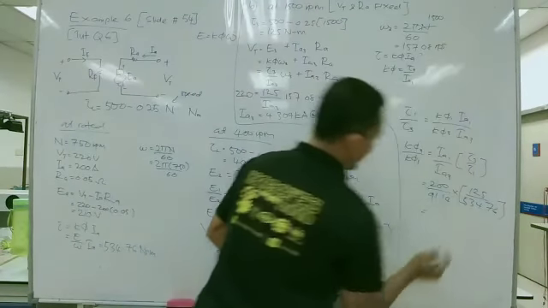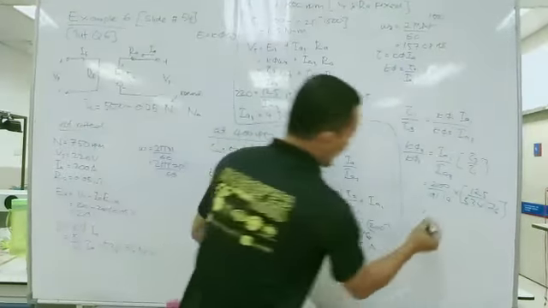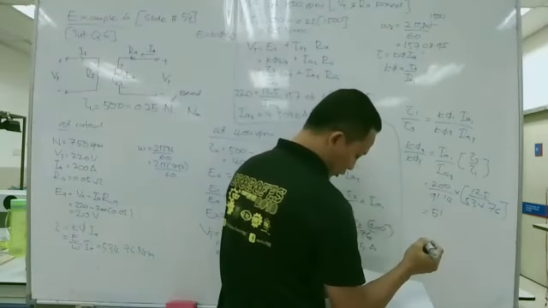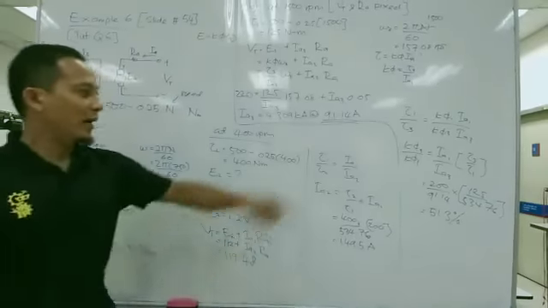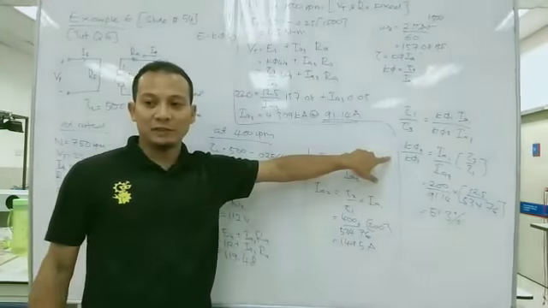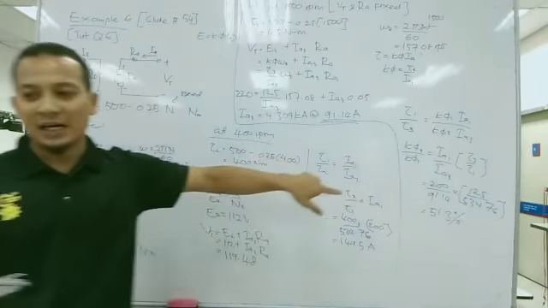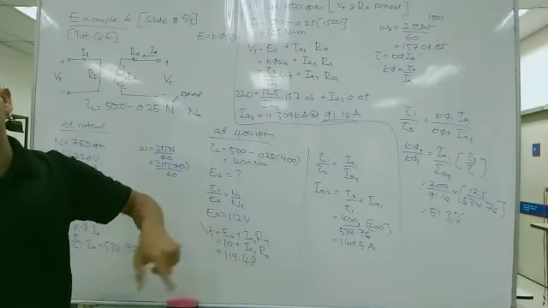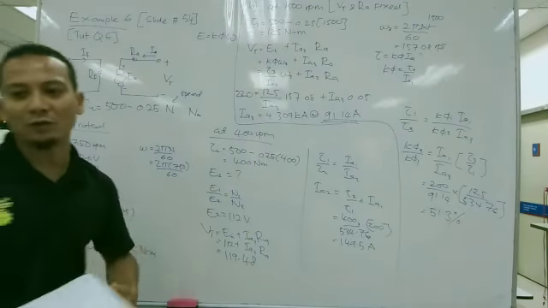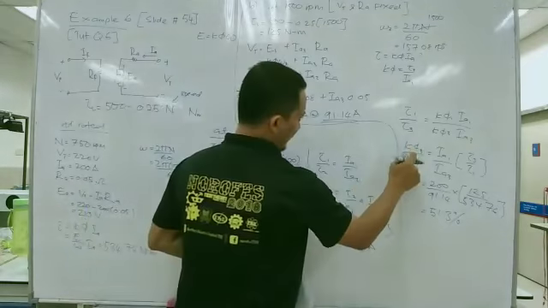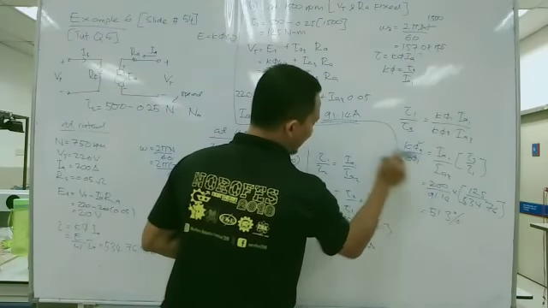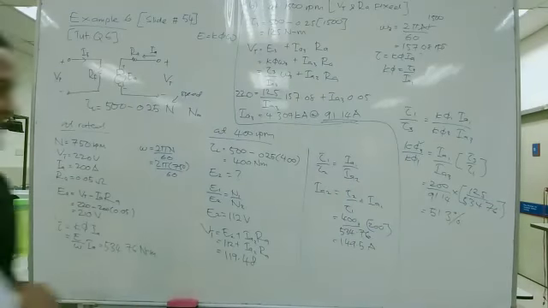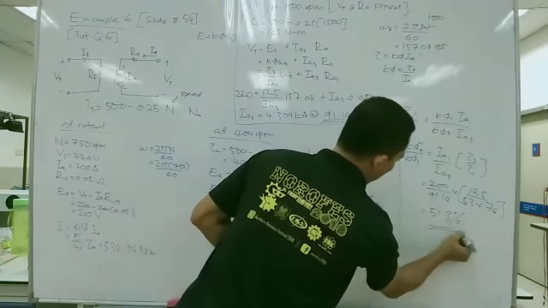So we get 51.3%. Why K flux 3 over K flux 1? Because the question asks to calculate the value of flux as a percent of rated flux, the value of flux 3 as a percent of the rated, which is flux 1. So this is the answer.